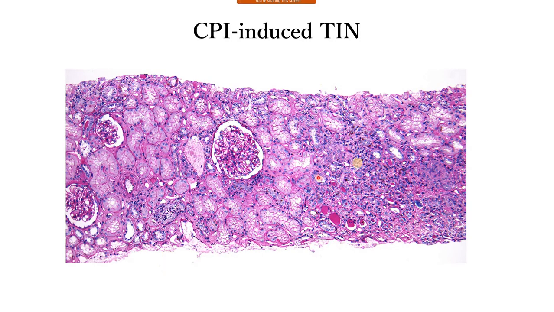Here's an example of CPI-induced TIN. By histology, we cannot tell, oh, this is a CPI-induced TIN. There is no specific histologic finding, so we need the clinical information. You see there's some inflammation here and here.